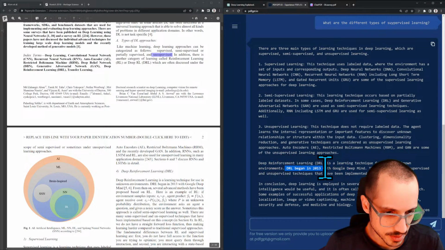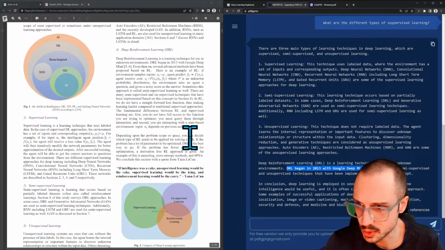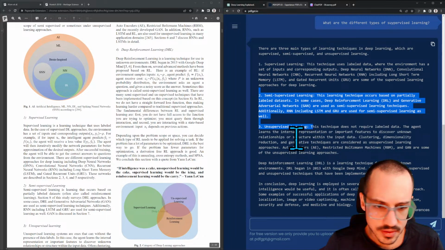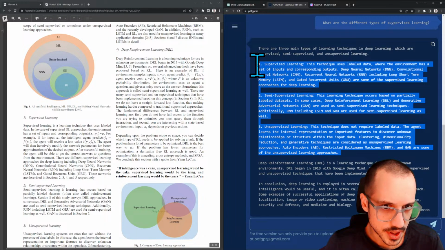Deep reinforcement learning began in 2013 with Google DeepMind. That is not necessarily true. I think people were doing that beforehand. Okay, but I do like how it gave us the 3 things here from the paper.